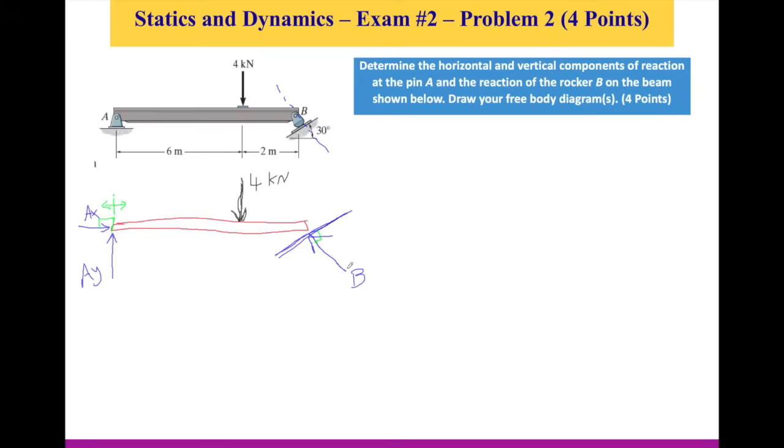In order to simplify our analysis, we need to resolve B into X and Y components. So I will just draw the axes. This is the Y axis and this is the X axis. From the question above, we know that this is 30 degrees, and from trigonometry, I know that the angle with the Y axis here is 30 degrees.